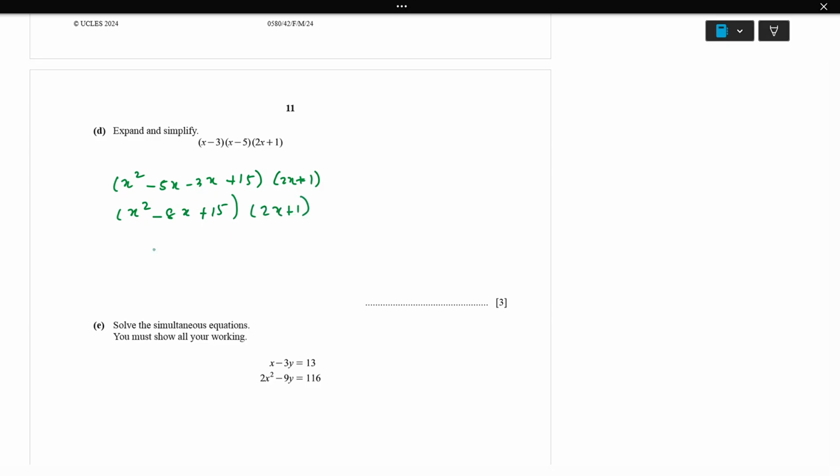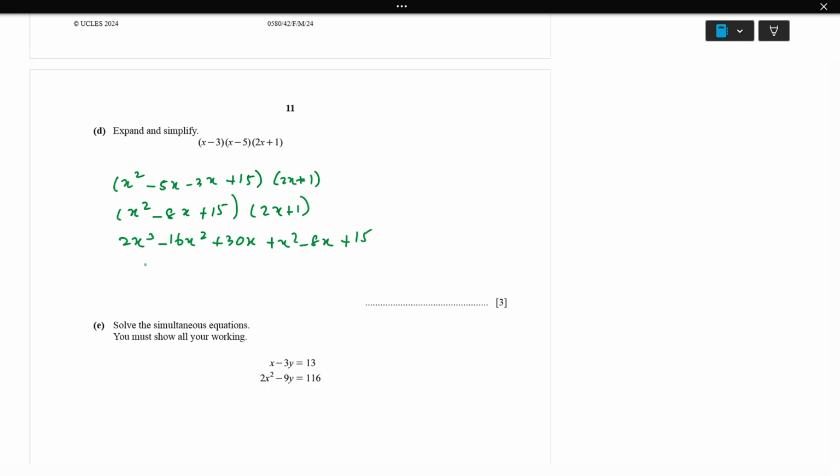Next expansion: 2x cube minus 16x square plus 30x plus x square minus 8x plus 15. First I multiply with 2x, then I multiply with 1.